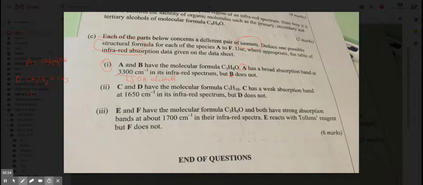So you've got the CH3, a CH2, then our ester link, and then another CH3 group. Counting up, we've got 8 hydrogens, 3 carbons, and an oxygen. So that looks good for B.